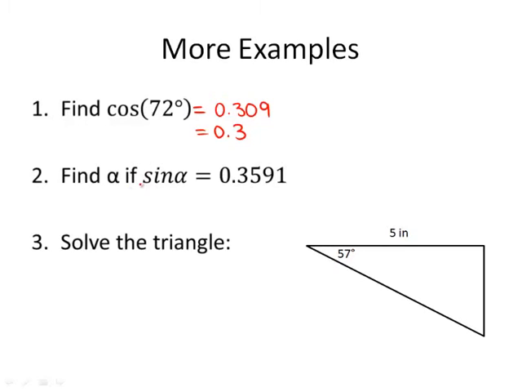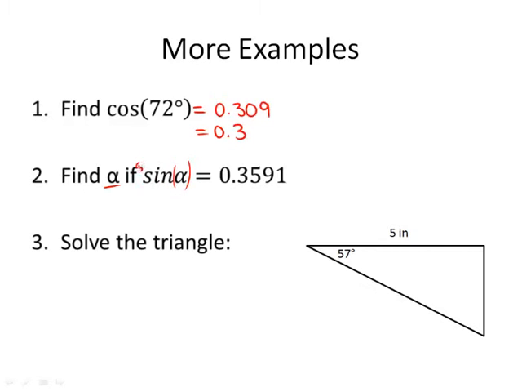Here's another question. They might ask, find alpha, which is an angle because it's lying within sine, if the sine of that angle is 0.3591. So they're asking us to backtrack into what angle gave us 0.3591 with the ratio of sine, opposite over hypotenuse.